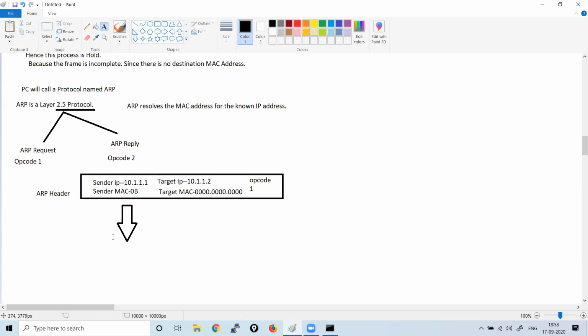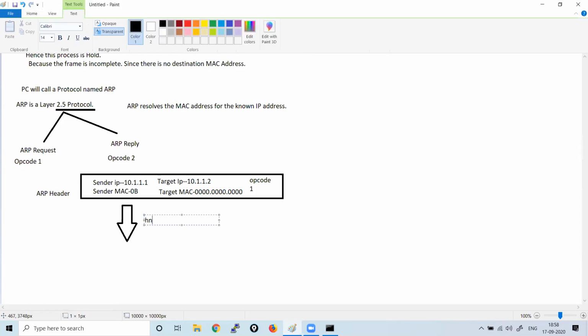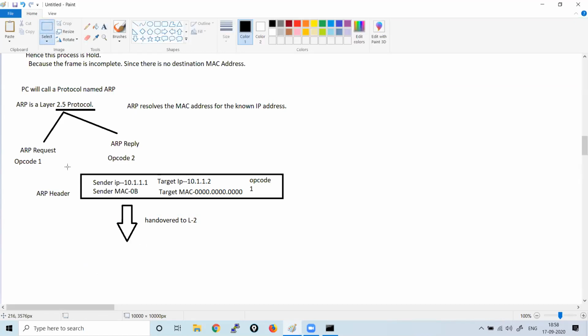Now, let's copy this to layer 2. No worries.